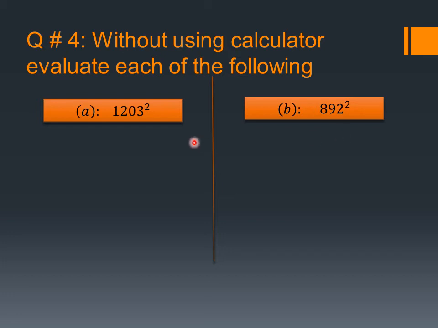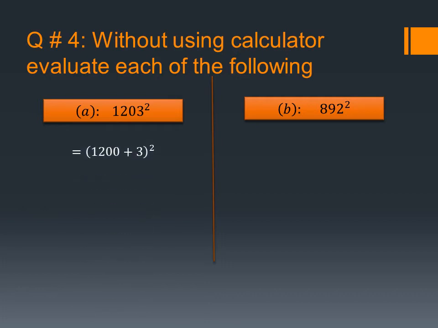So what we can do, 1203, can I change it to something plus something? We will change both of these to the nearest hundreds. Nearest hundred of 1203 is what? 1200.